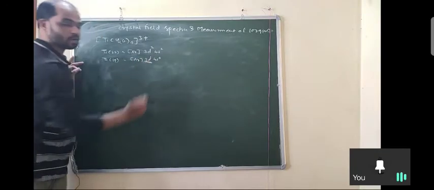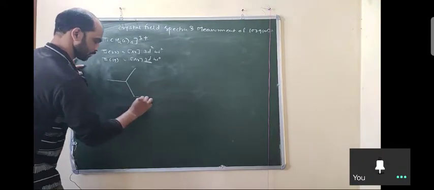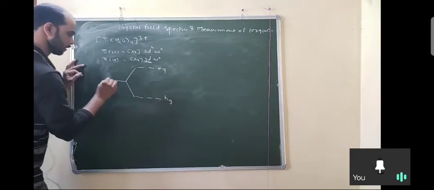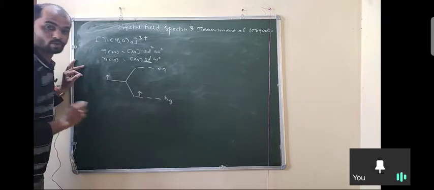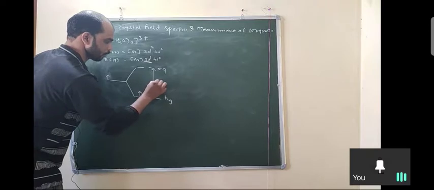In the d orbitals, how many electrons? One electron. So you can split this: here is the t2g, here is the eg, and in t2g, one electron. After the splitting, this electron always enters the t2g. This total is the 10 Dq value.